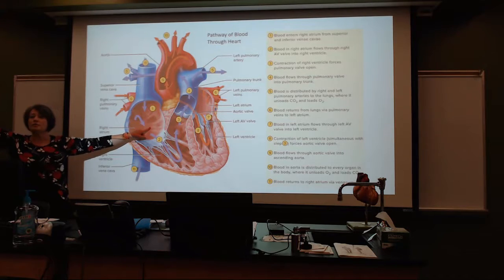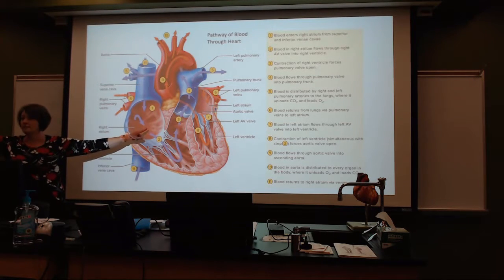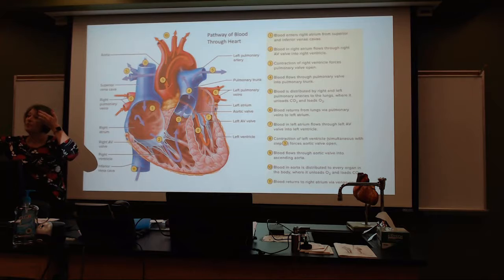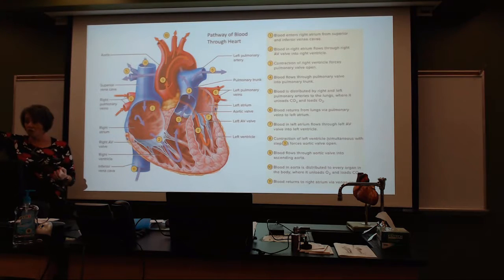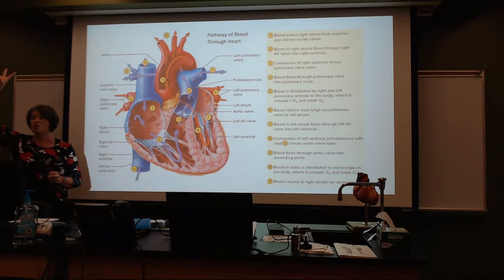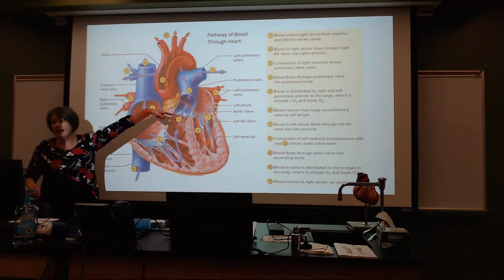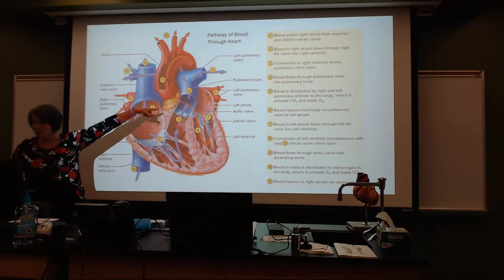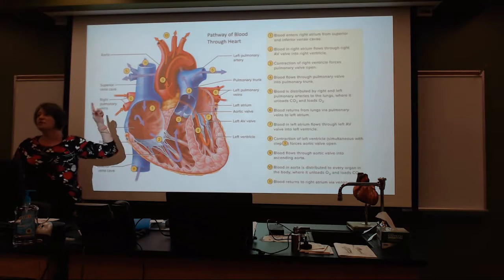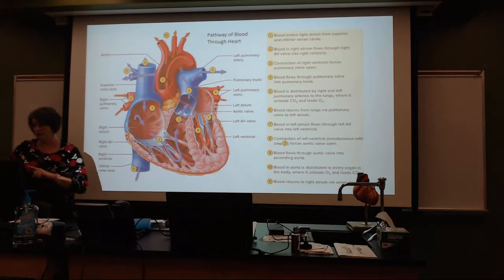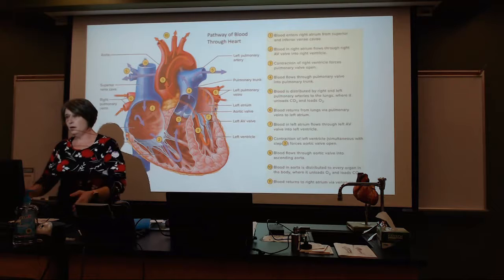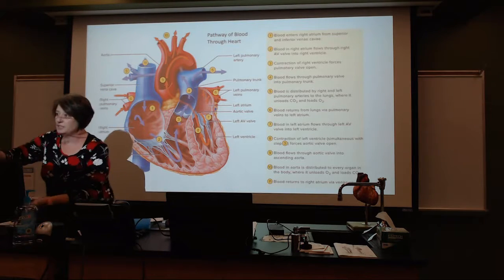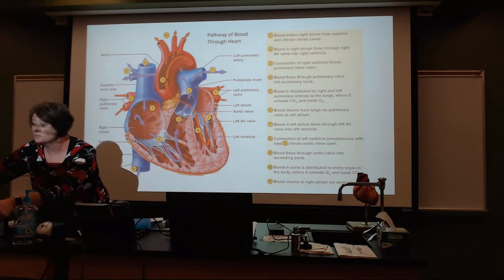So on the right side of the heart, blood returns from the systemic circuit and the coronary circuit. On the left side of the heart, blood returns from the pulmonary circuit. Okay, so just once again, want to point that out.